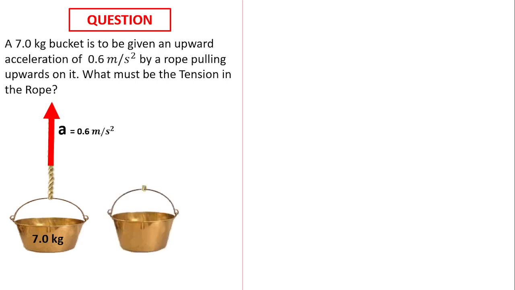So there is the bucket of interest, and this bucket has been tied to the rope, so that rope can be replaced by a force, and that force is the tension force. The rope is causing the force, and the force in the rope is just the tension force which you need to expect.